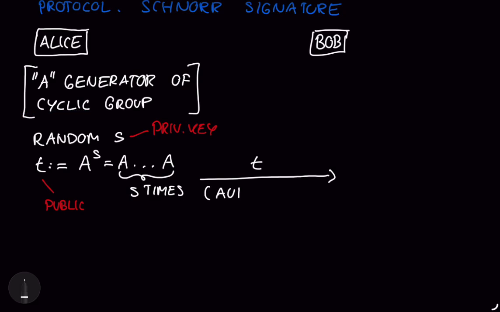So this is authenticated, and then Bob verifies. So this can be done via certificates, ordinary public key infrastructure.